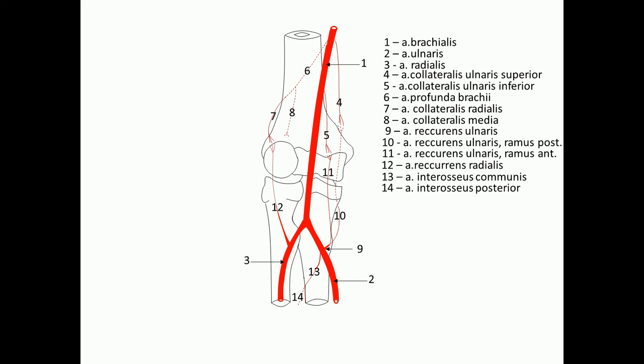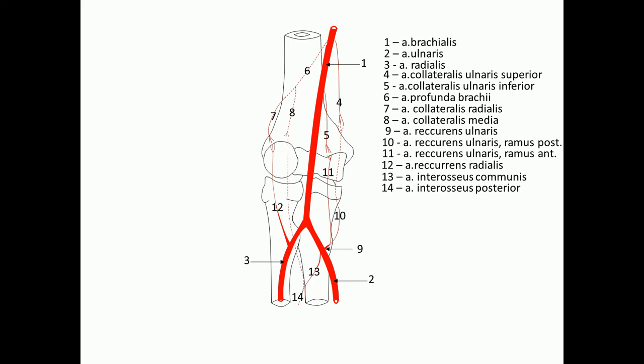So you remember that the two bones of the antebrachium are connected with the membrana interossea, and anteriorly and posteriorly to it go two interosseous arteries, and they start with a single trunk, number 13, interossea communis, and then become interossea anterior and posterior.